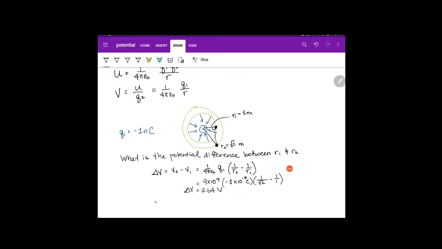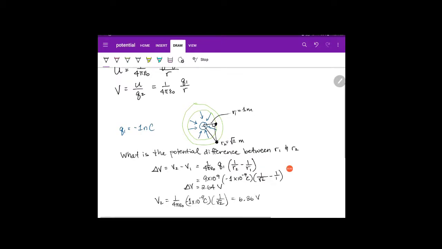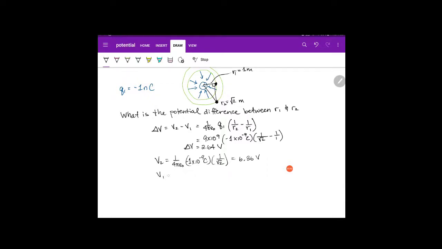Or I could say that V2 is equal to 1 over 4 pi epsilon naught times minus 1 times 10 to the minus 9 coulomb times 1 over root 2 meters, which is 6.36 volts. And I could calculate V1 as well.